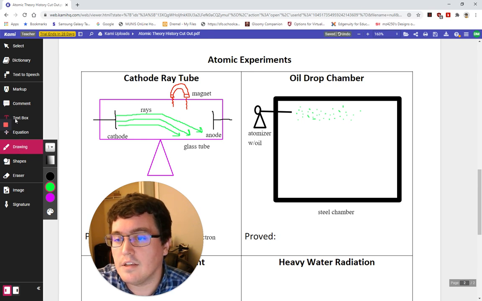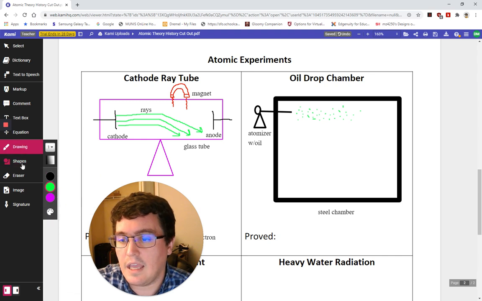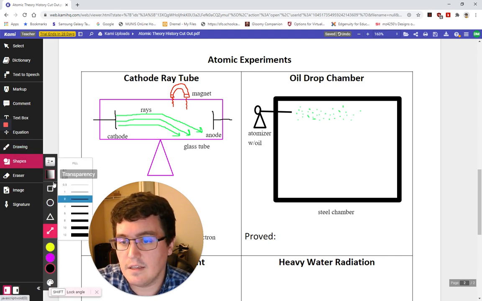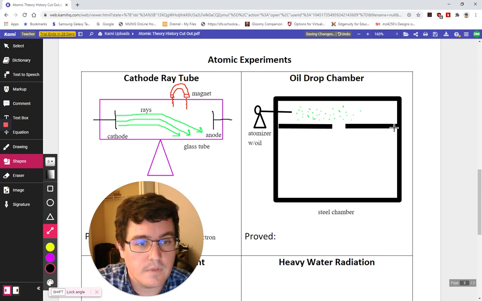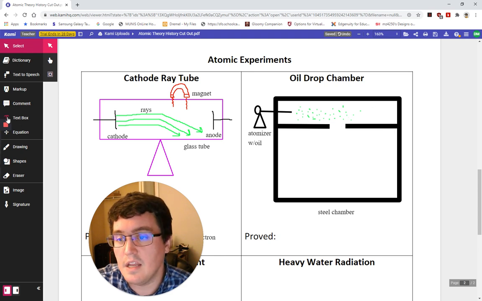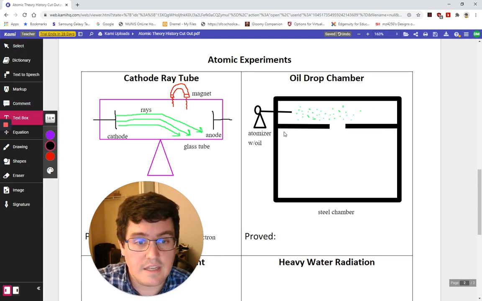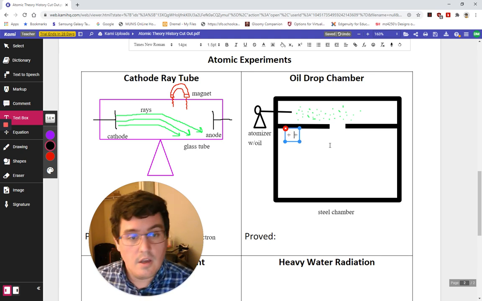Well, the top part was divided from the bottom part by a plate. Again, we need kind of a thick plate here. This plate wasn't whole. It had a hole right in the middle of it. Furthermore, he attached an electrical wire to it, and he was able to put a positive charge on this plate.